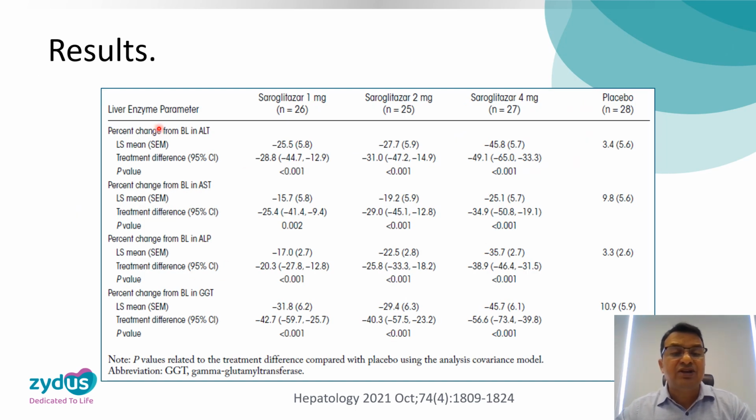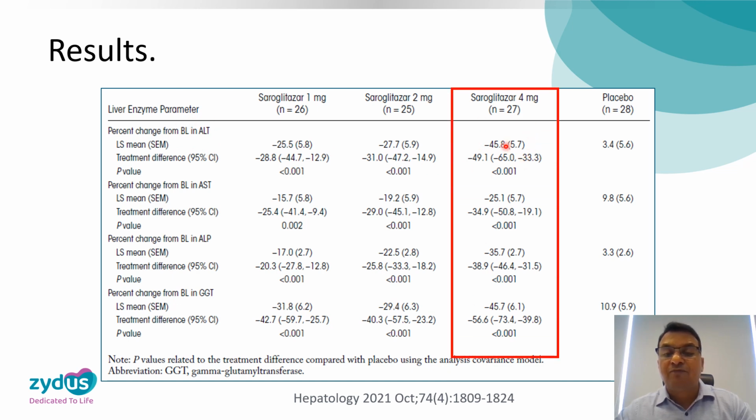Now, as you can see here, the percentage change in ALT value was a 45% reduction in the Saroglitazar 4 milligram arm. AST value was reduced by 25%. Alkaline phosphatase reduced by 35%. GGT was significantly reduced by 45%.